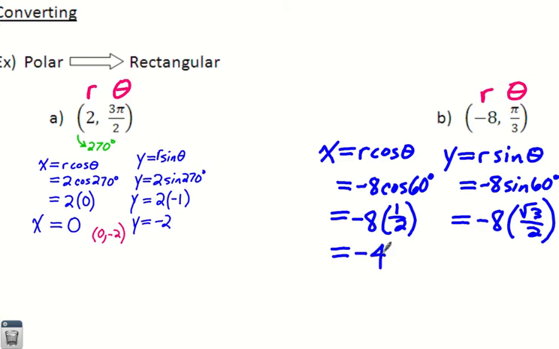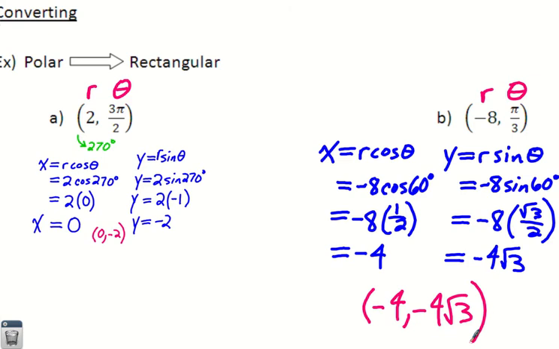That should be -4. And when you multiply -8 times this fraction, there's some canceling, and essentially you should get that. And so your final coordinates together would be -4, -4√3.